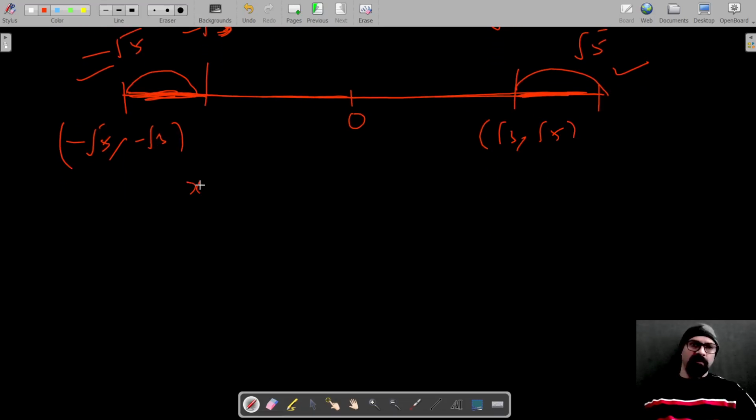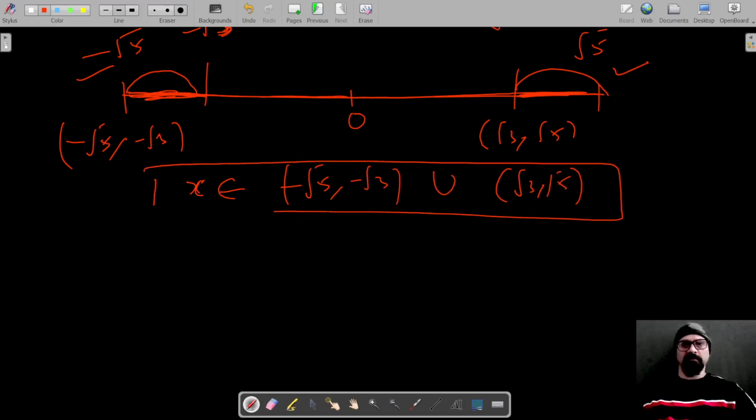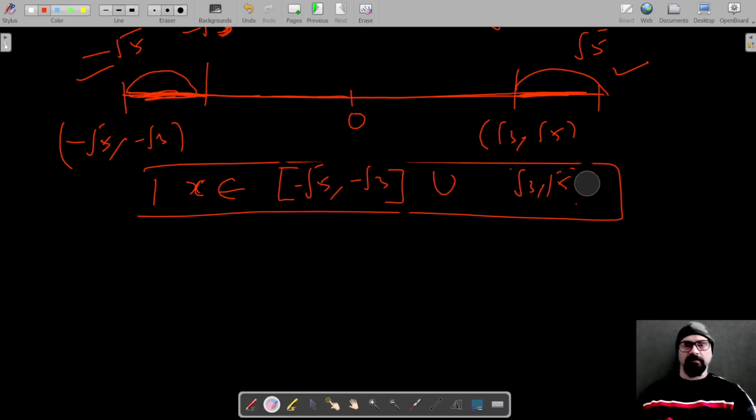So the value of x, that is the domain, belongs to negative root 5 to negative root 3, and root 3 to root 5, and let's take the union of these. So the domain is negative root 5 to negative root 3 union root 3 to root 5. I just made one mistake here: it should be the closed interval, the values are also included. This is the closed interval, root 3 to root 5.